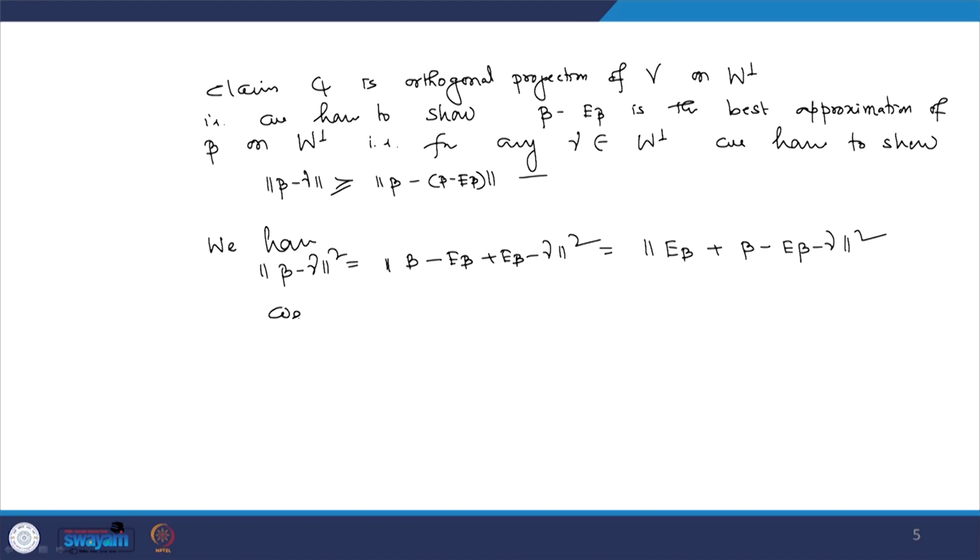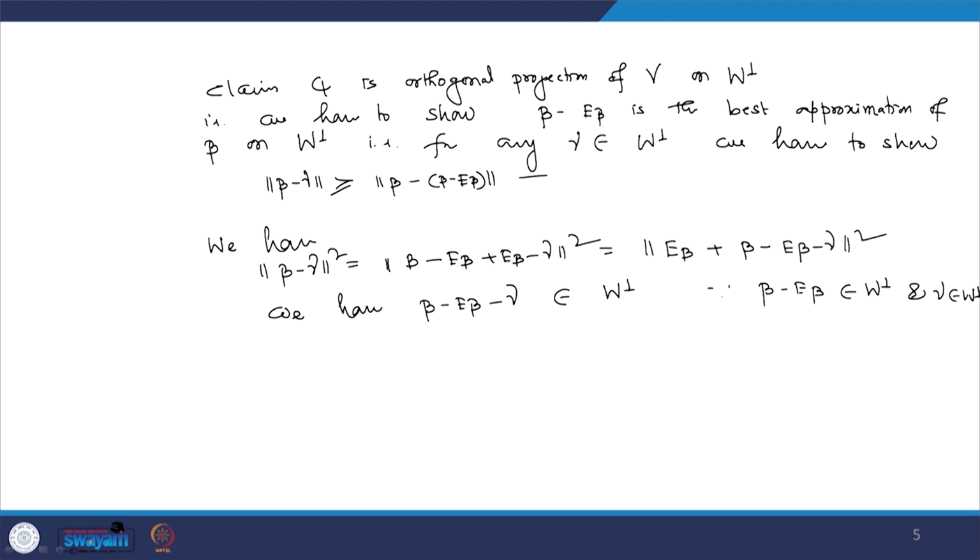We have beta minus E beta minus gamma belongs to W complement, because beta minus E beta belongs to W complement and gamma also belongs to W complement, and W complement is a subspace.